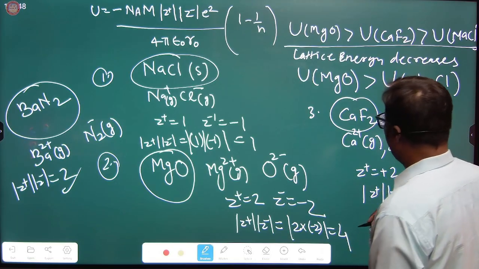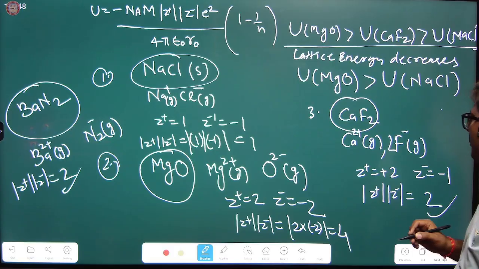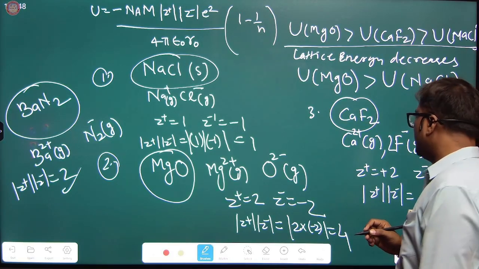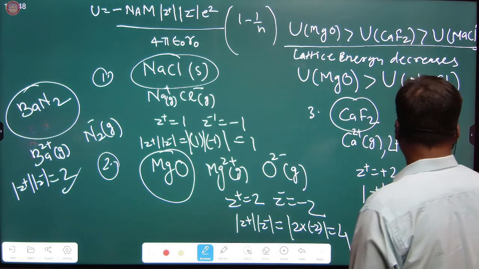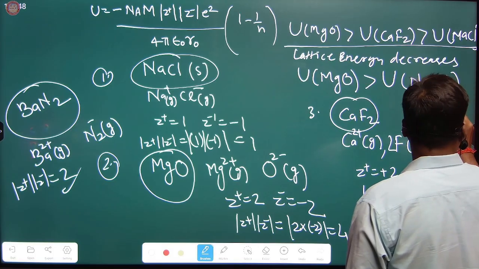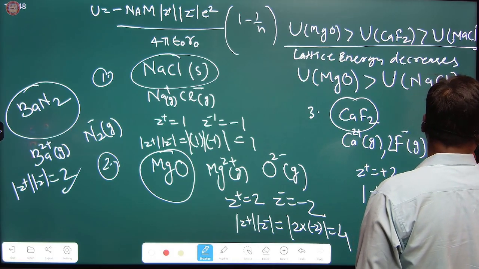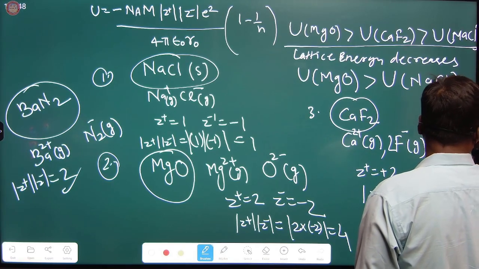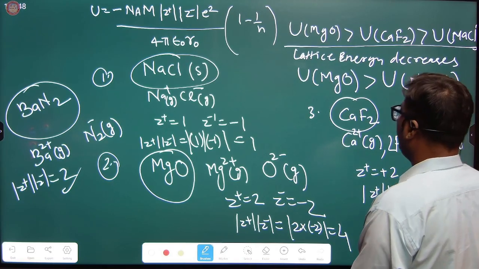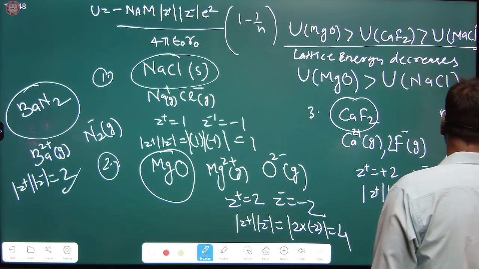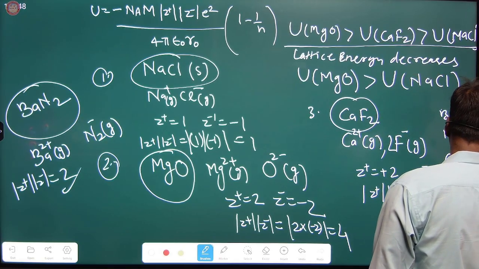Barium and calcium are alkaline earth metals present in group 2 of the periodic table. So you can say Be, Mg, Ca, strontium and barium and radium, right?